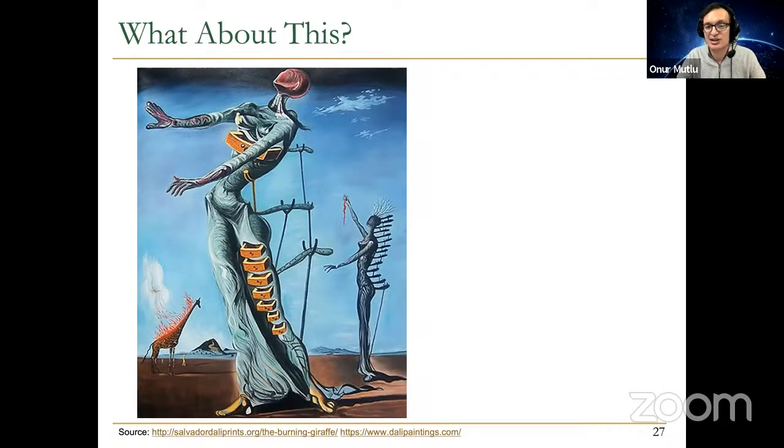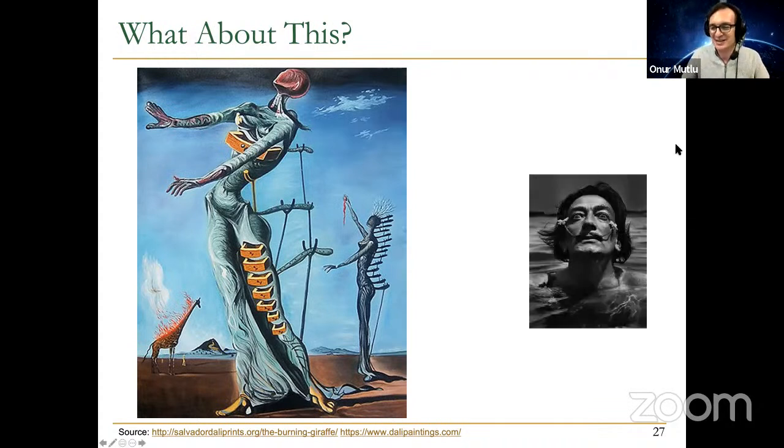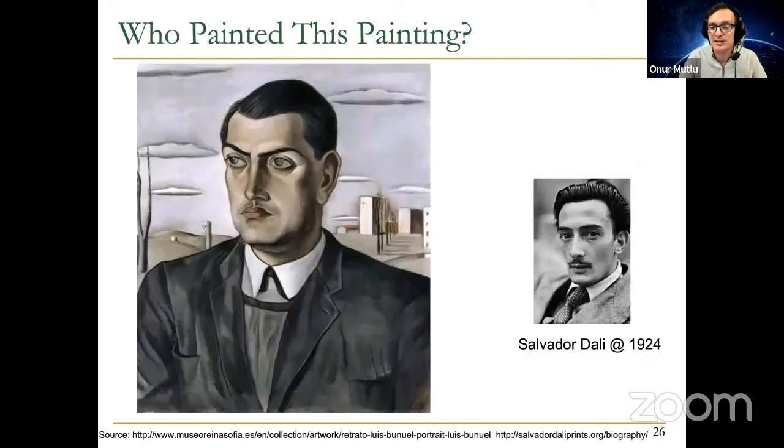So this is the Burning Giraffe, one of his, well, he has many famous paintings, but this is one of his famous paintings, right? You can see that he painted this later, and he himself is a little bit different also. But you can see this is breaking all the rules, right? I think at that time, at least, it's only Dali who was painting this sort of painting. But even Dali started by following the rules.